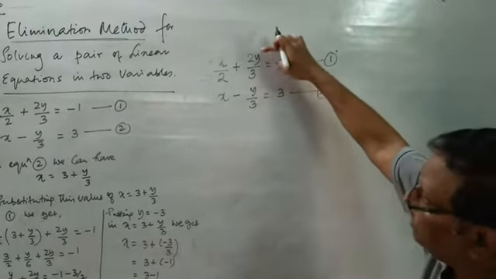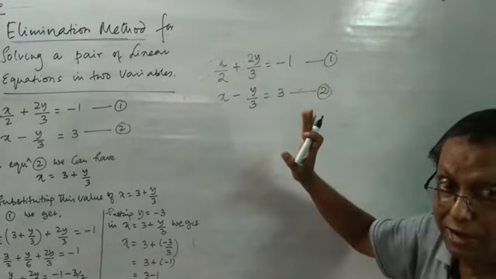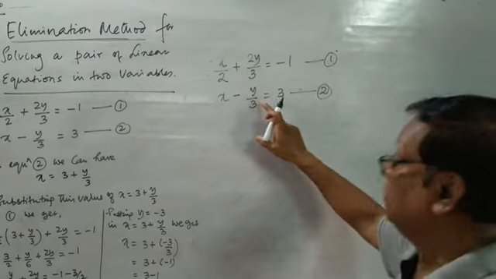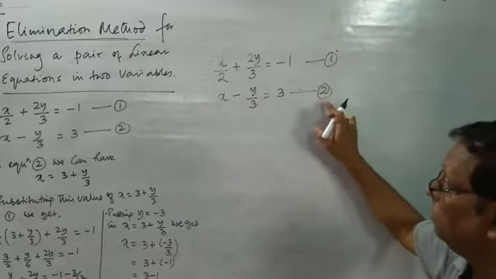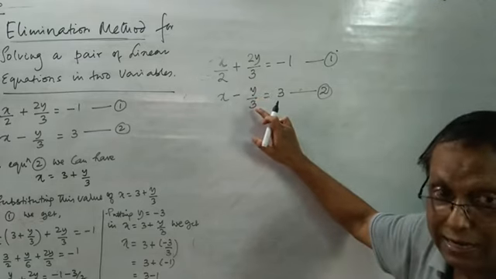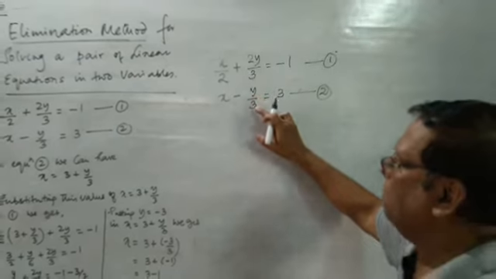Now, what is the coefficient of y in the first equation? Plus 2 by 3. 2 by 3 is the numerical coefficient. And what is the numerical coefficient of y in equation number 2? That is 1 by 3, exactly minus 1 by 3. Ignore the sign. It is 1 by 3.